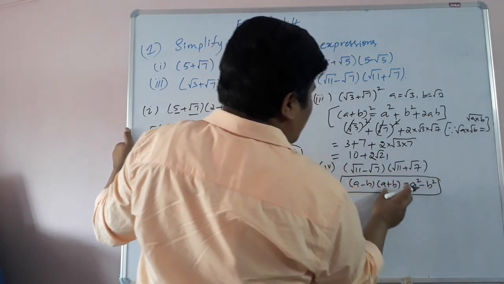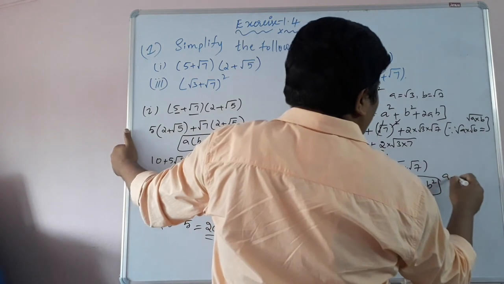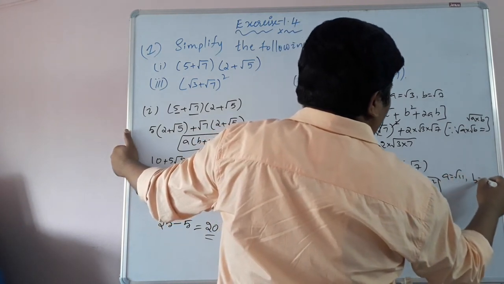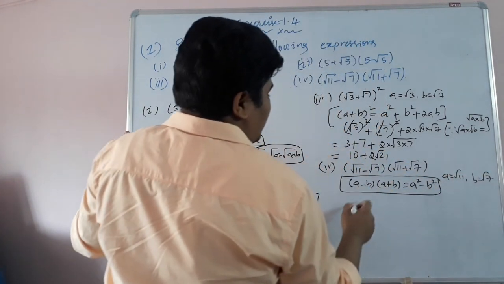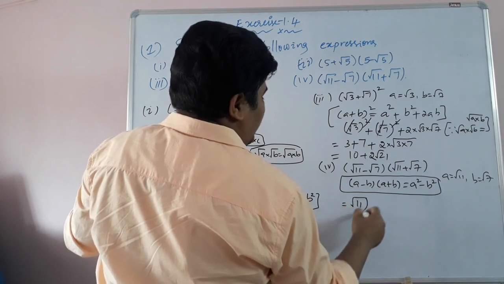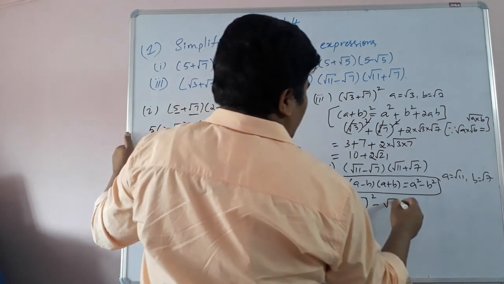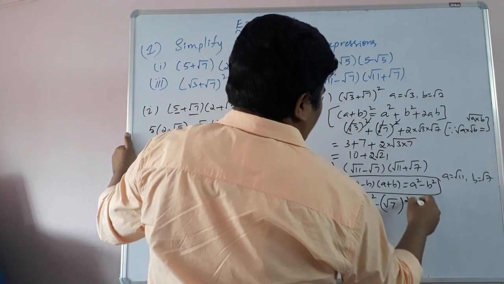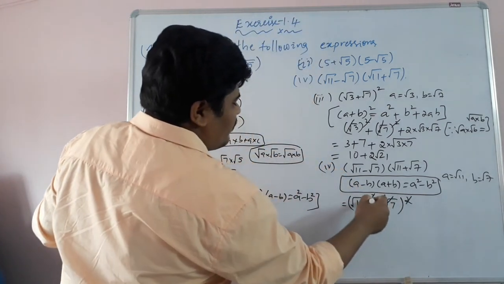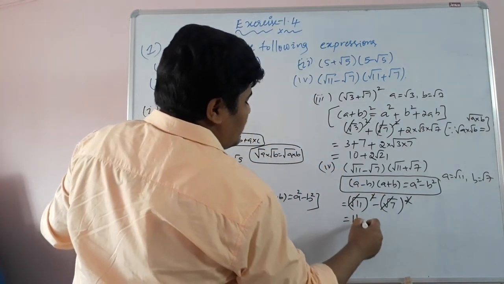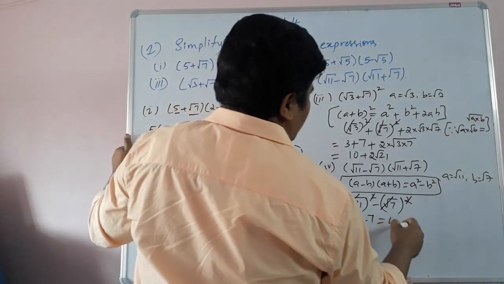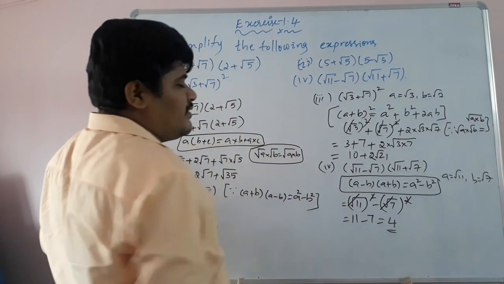So we will use this formula, and A is equal to root 11, B is equal to root 7. So we can write it as under root of 11 square minus under root of 7 square. Square and square root will get cancelled. That is 11 minus 7, which is equal to 4. So students, this is the answer.